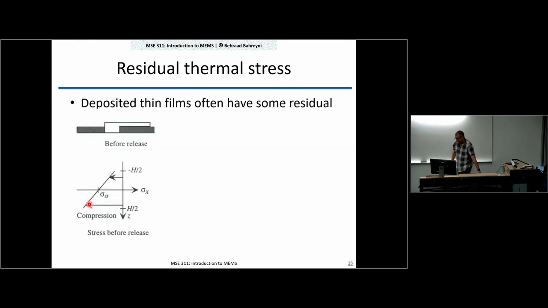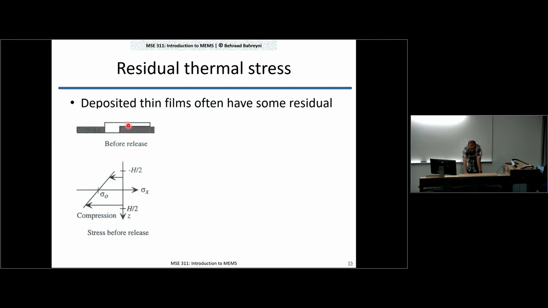Now, as we mentioned, we already have talked about the stress in thin films. With beams, the stress in a film is going to complicate the matter. So what happens is that, let's assume in this situation, we have a beam that is made of a metal layer. We have deposited this metal layer, let's say, through evaporation. And this is an existing feature on the wafer.